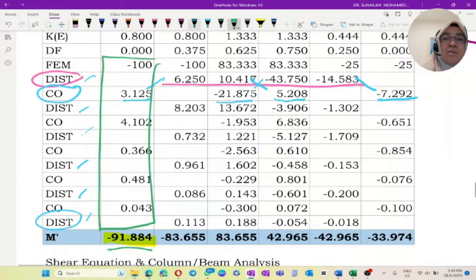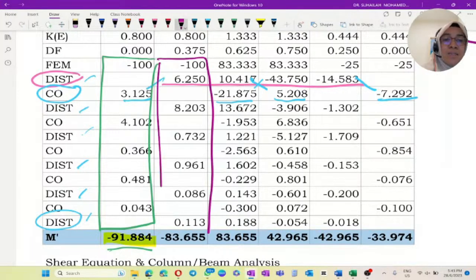Then again we do the same for member BA. For BA, we total starting from this negative 100 until 0.113. So total we get negative 83.655. And we continue to calculate this one for BC.